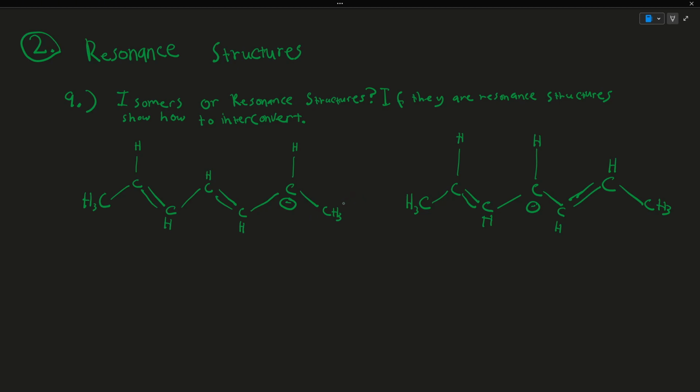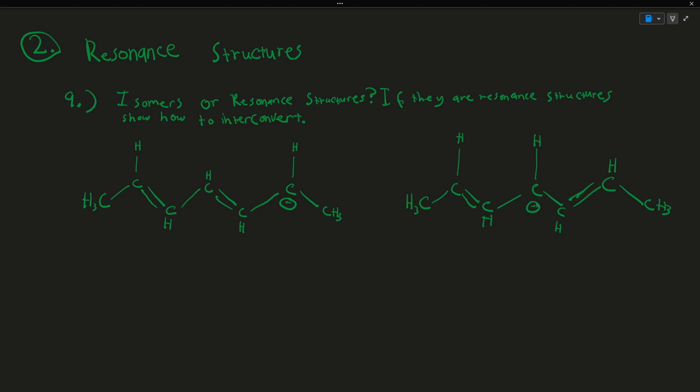Now the way we can tell if they're resonance structures or not is to look here. We see that there's a delocalization of electrons. On this carbon right here, on the left compound, there isn't a negative charge, and instead there's this double bond with the other carbon. But in this one, we see that there is a negative charge.